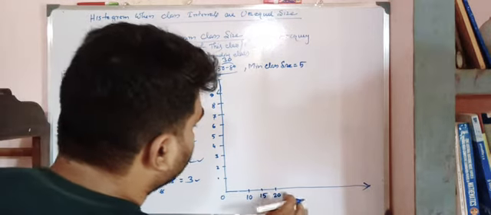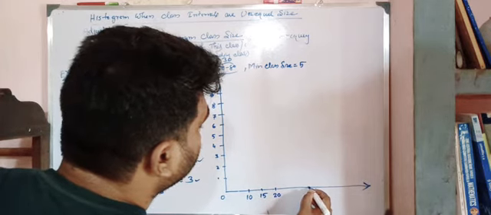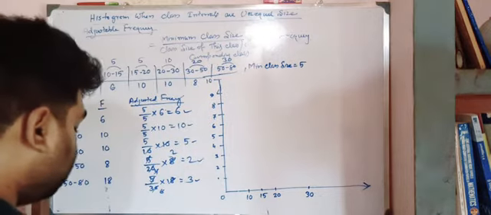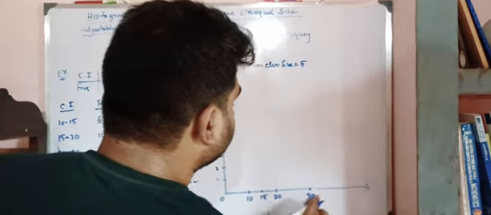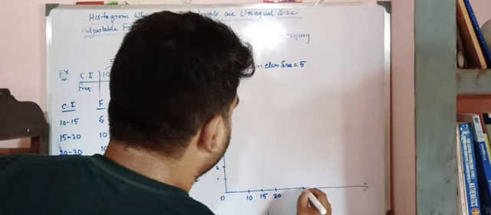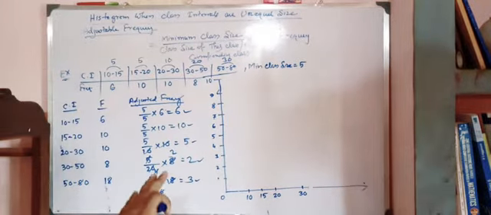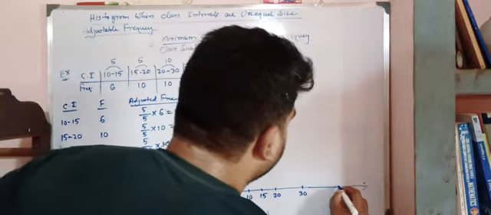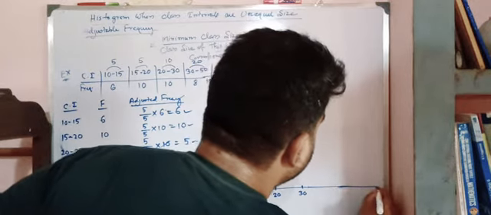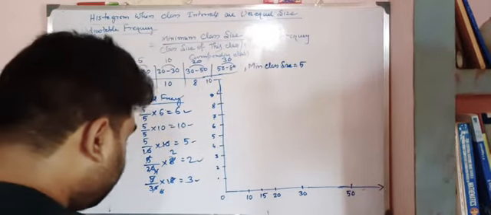Next 20 to 30. Suppose we take this as 30. I am again telling you that this is not a proper drawing, I am just drawing it so you can understand. So this is 20 to 30. Next 30 to 50, and 50 to 80.